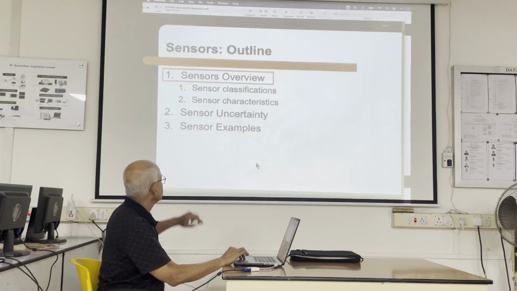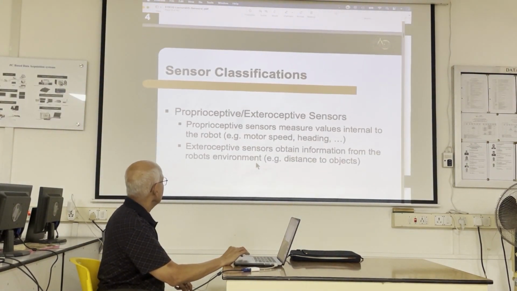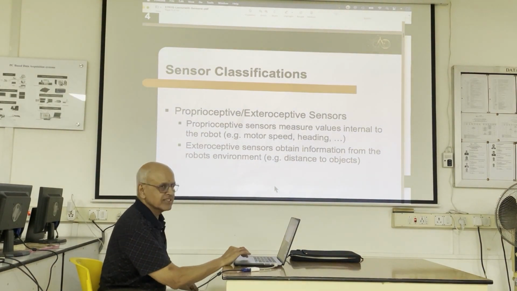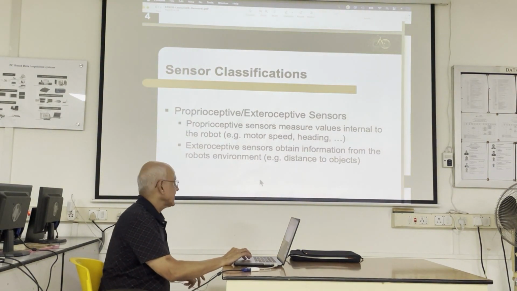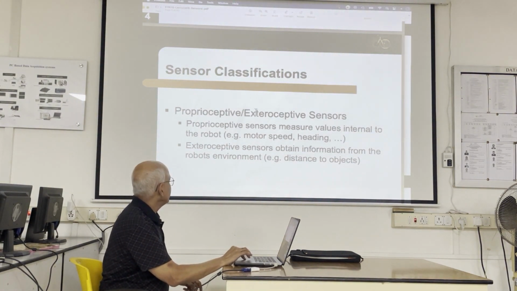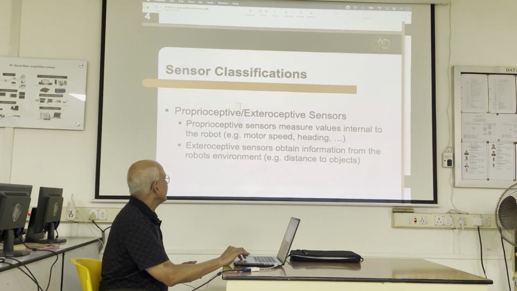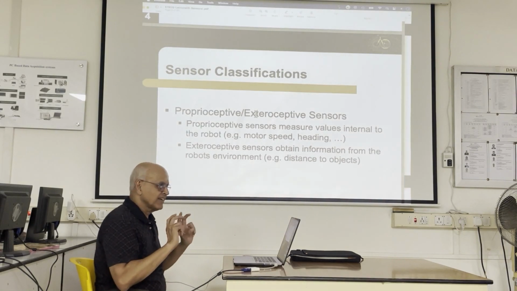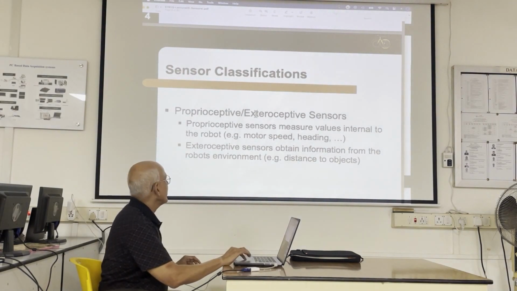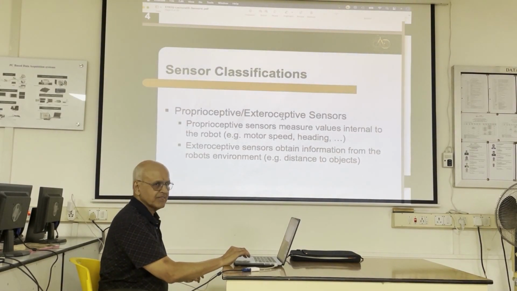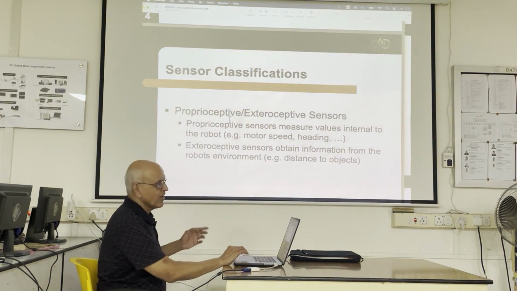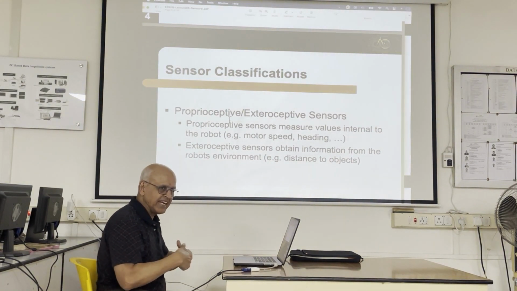Okay, so we'll go through only some of these slides. This terminology is kind of interesting. Sensors are divided into 2 categories, proprioceptive and exteroceptive. Now, proprioceptive, people say, what the heck is that? Extero: sensors that are looking out at the world belong to this category, exteroceptive. So obviously the other one by default represents sensors looking internally.